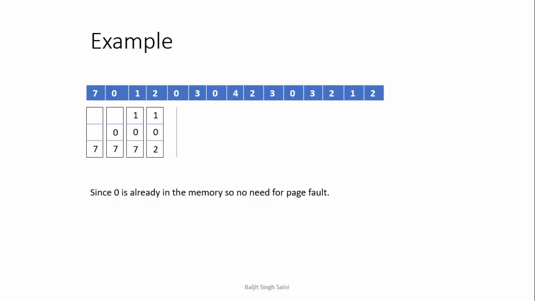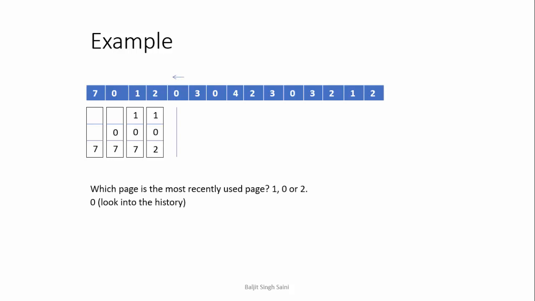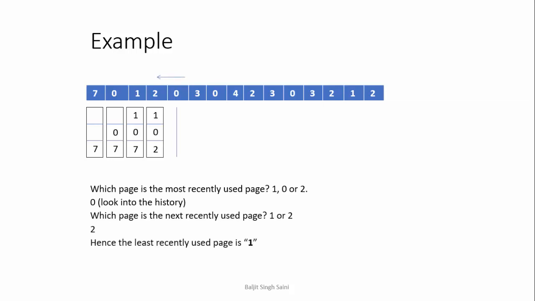Now 3. Which is the most recent page being used? It is 0, so we will not replace 0. Before that, which did we use? 2, so we will not replace 2. So which one is left? 1. Yes, so now we are going to replace 1 with 3.